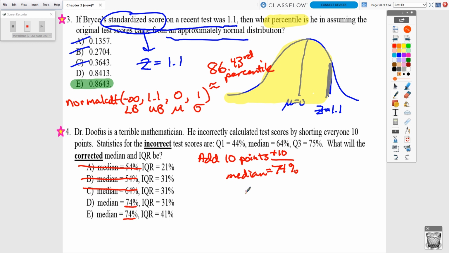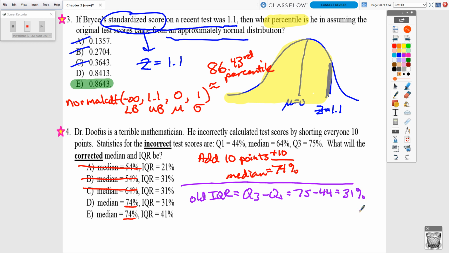All right. We can do this one of two ways, and we'll do both, of course, because I want to make sure you understand everything here in multiple ways. We could do this as the old IQR. The incorrect IQR would be Q3 minus Q1, and that was 75 minus 44, which is 31%.